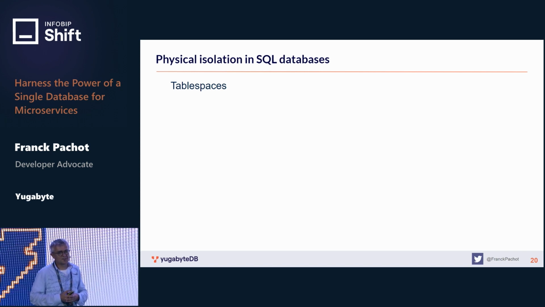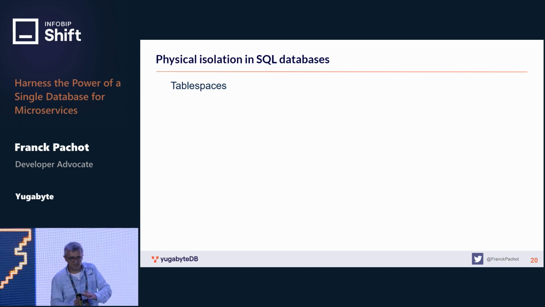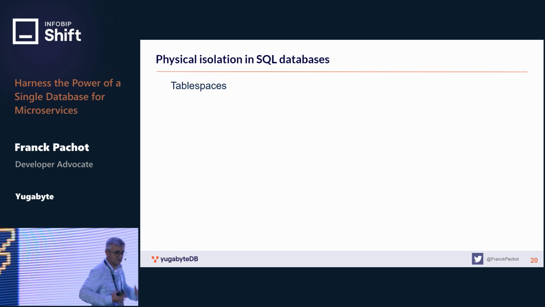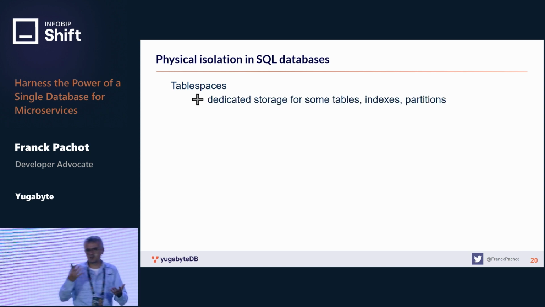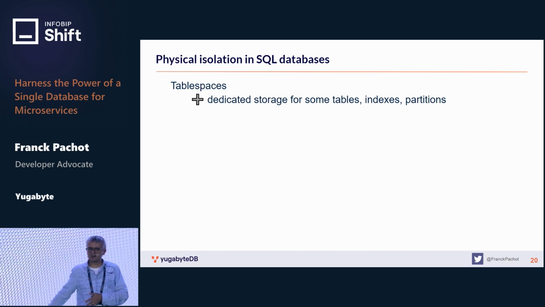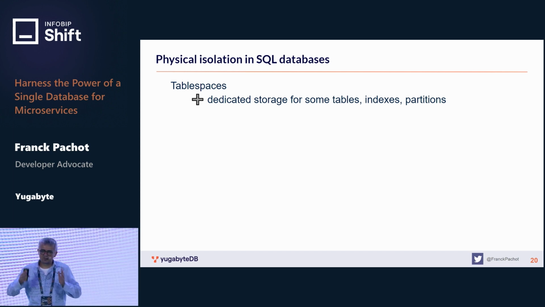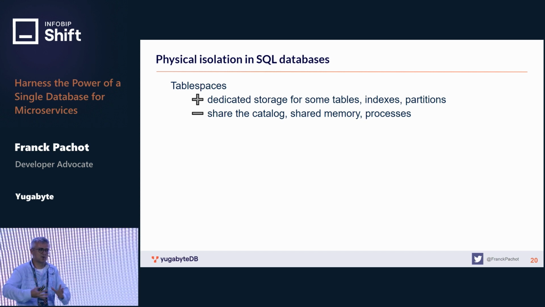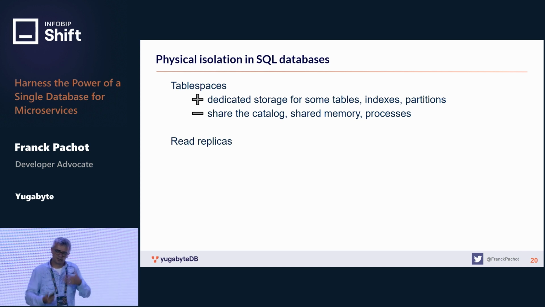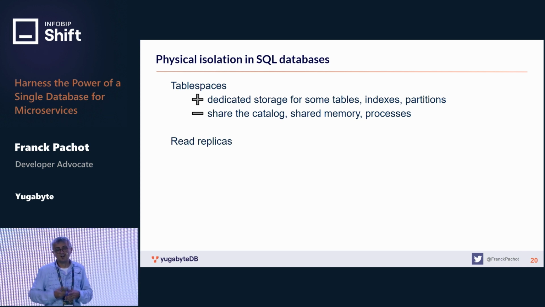You can also achieve some physical isolation, even on monolithic databases that run on only one server. You can put your tables or table partitions on different table spaces, which will go to different disks. But even if it goes to different disks, you still have one server, you share the memory, so you do not really decouple.